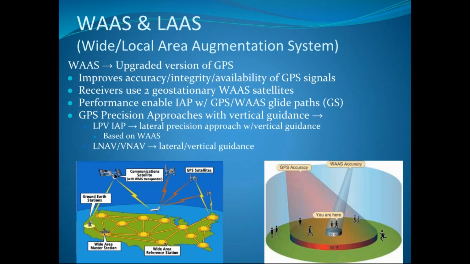So it's a lot more accurate. LPV, so lateral precision approach with vertical guidance, is based on the WAAS. LNAV and VNAV, lateral and vertical guidance. Those are the minimums that we're allowed to use, depending on the aircraft that we're flying. Some of them are capable of using both LNAV and VNAV.